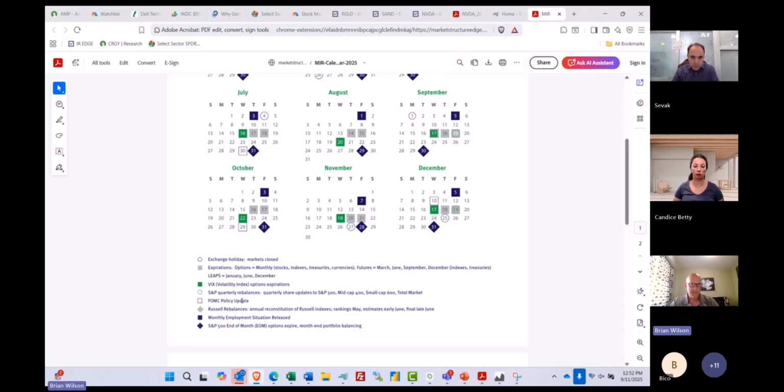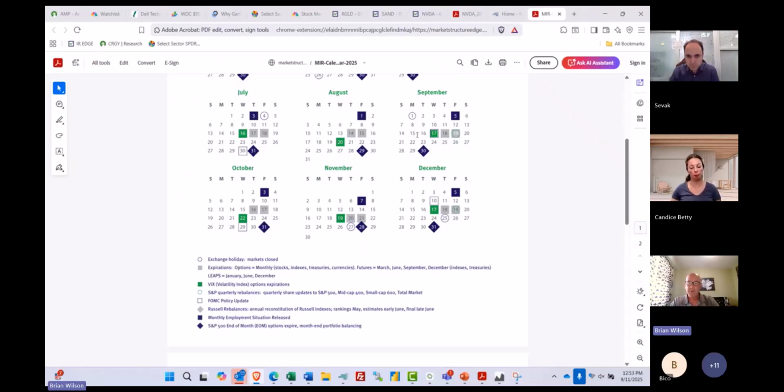We have the FOMC policy update. That's next Wednesday. Options expirations right here, Thursday and Friday. And then finally that green circle, which is S&P quarterly rebalances. So we try to cover those events that we call context in the market. We try to cover those in the market desk notes, but you can also look ahead and try to pick up some of those important dates yourself.